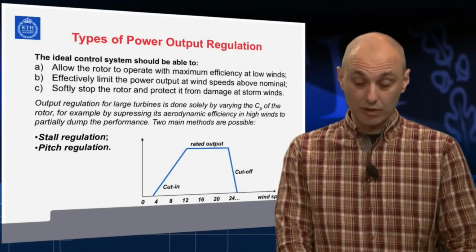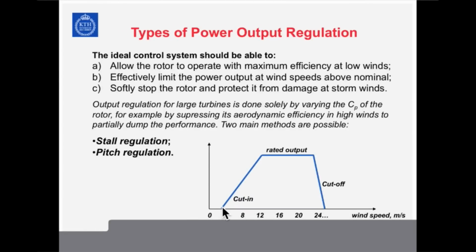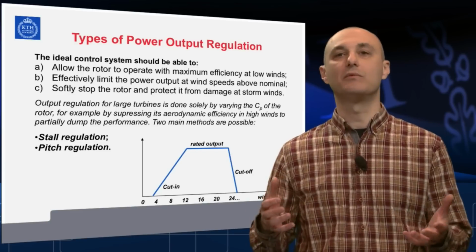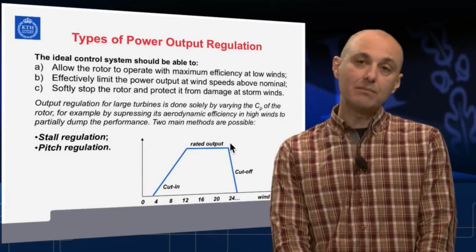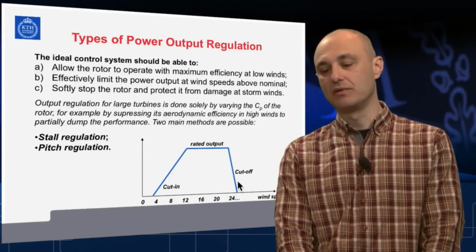The ideal control for the wind turbine would need to be very effective in the low wind spectrum. Cut in speed as low as possible, go up in performance as quickly as possible, keep the rated output as precise as possible without overheating the machine but without also losing power, cutting off in a somewhat soft way the machine from performing when the winds are too strong, not abruptly but preferably in somewhat soft way.